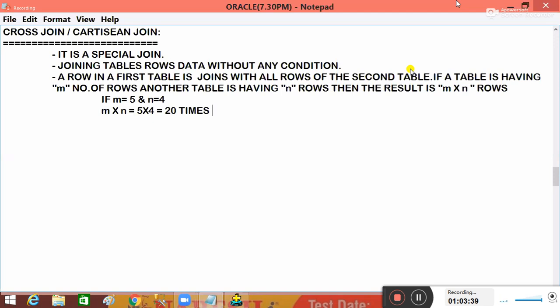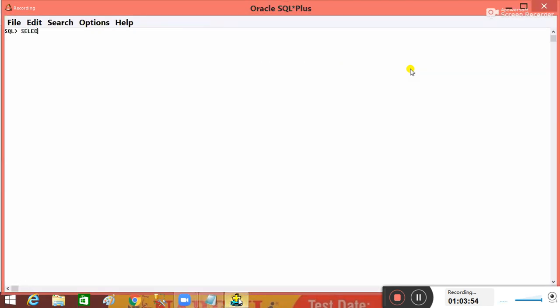Let's see a small example of this cross join, in ANSI as well as non-ANSI format. Suppose these are my tables.